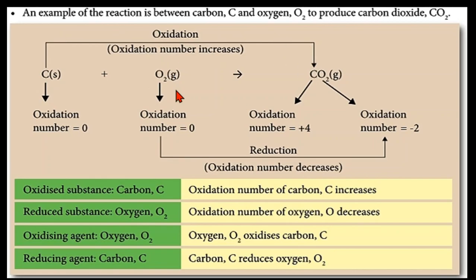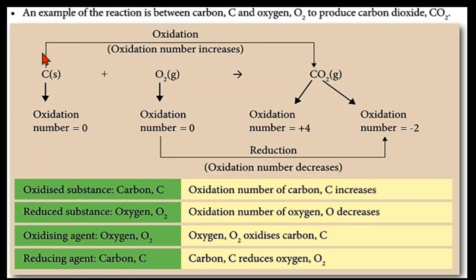Okay. How about here, the oxygen? Oxidation number dia 0. But here, the oxidation number become negative 2. So, decrease kan? So, the oxygen undergo reduction. Okay. So, again, carbon undergo oxidation.